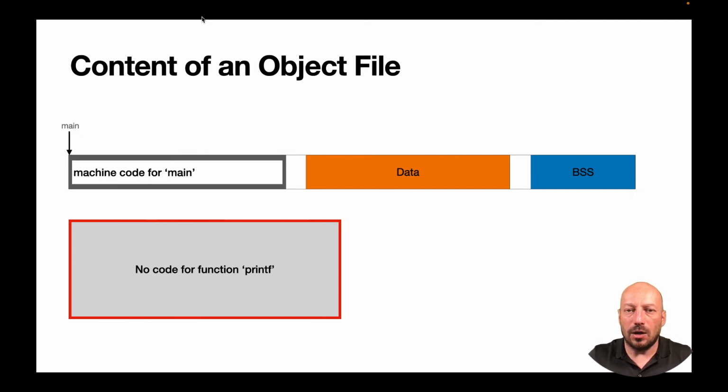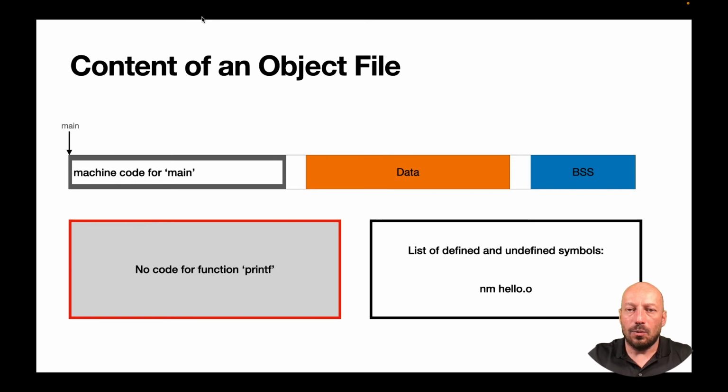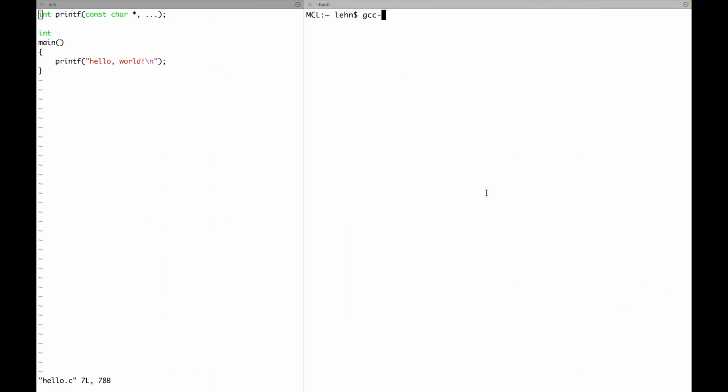That's a topic of a different video. But I want to show you how to see on the command line what kind of symbols are used but undefined in an object file, and what kind of symbols or functions are defined in this object file. So first I just generate this object file.